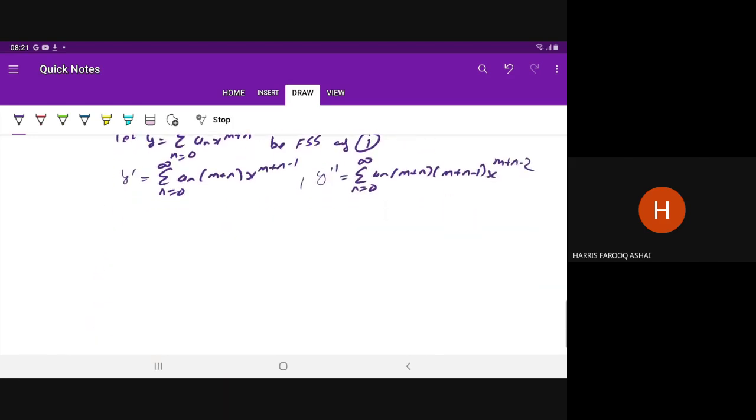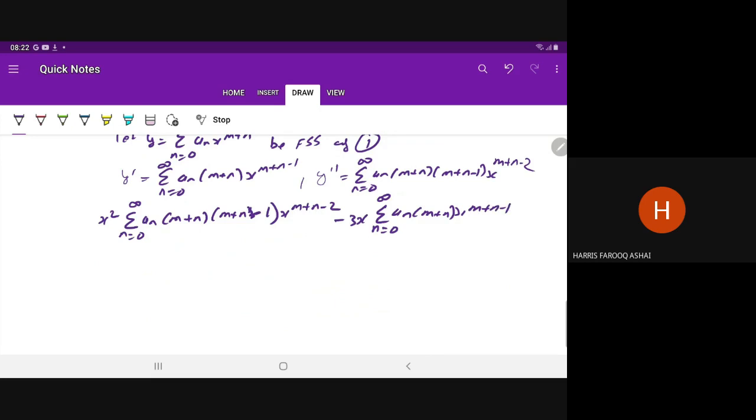So here we have the equation x square times summation n is equal to 0 to infinity a n (m plus n)(m plus n minus 1) x to power m plus n minus 2, that is the y double dash, minus 3x times summation n is equal to 0 to infinity a n (m plus n) x to power m plus n minus 1, plus (4x plus 4) into y, so summation a n x to power m plus n, is equal to 0.